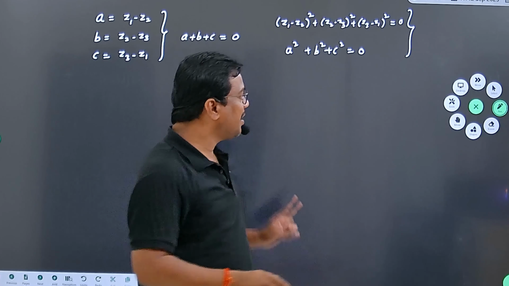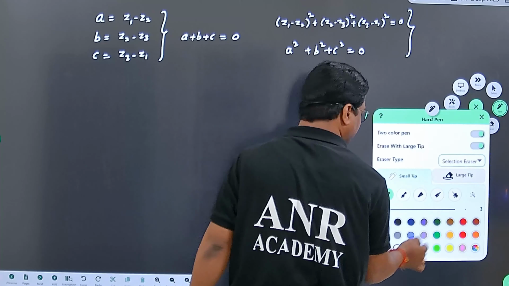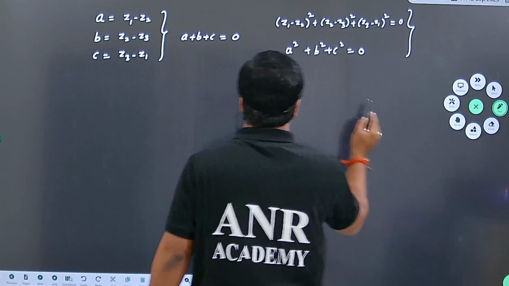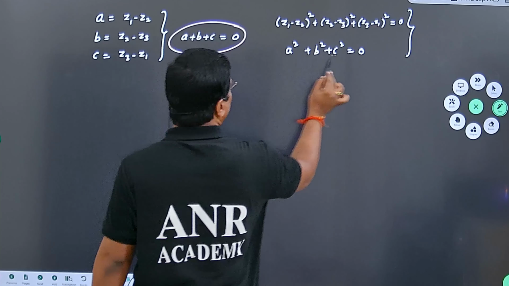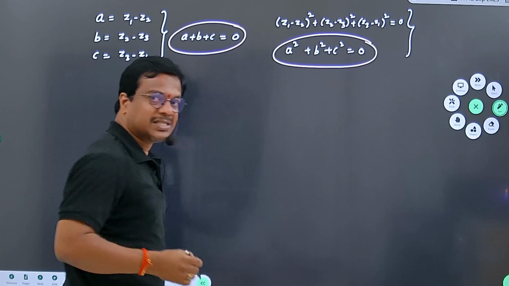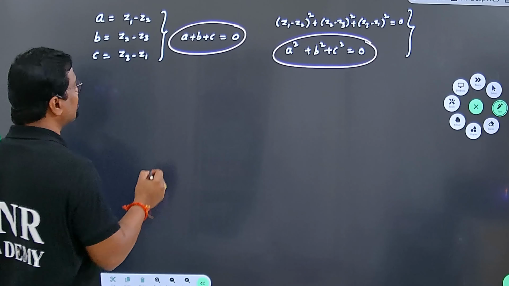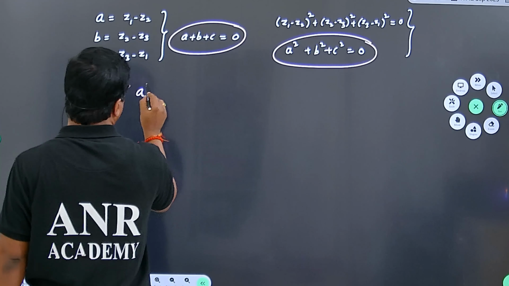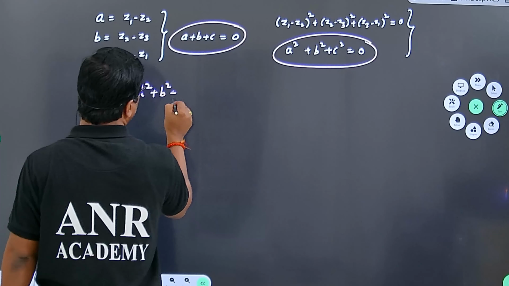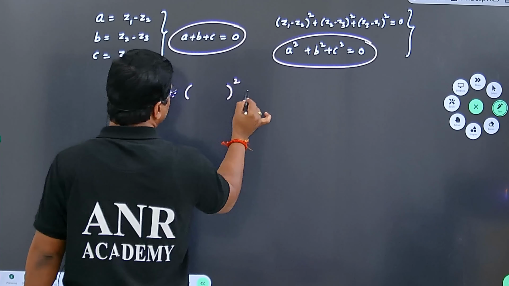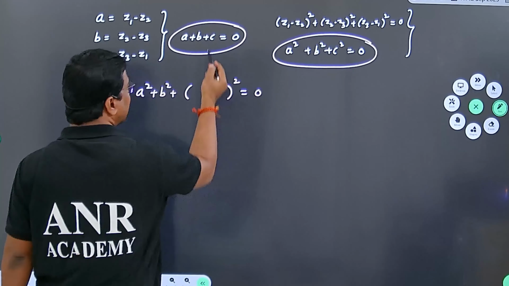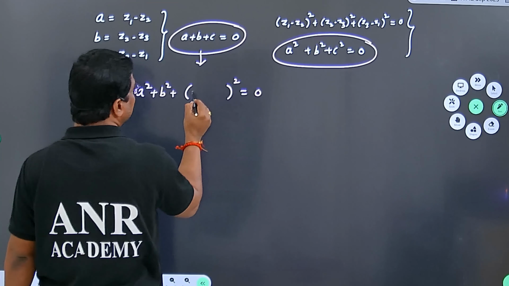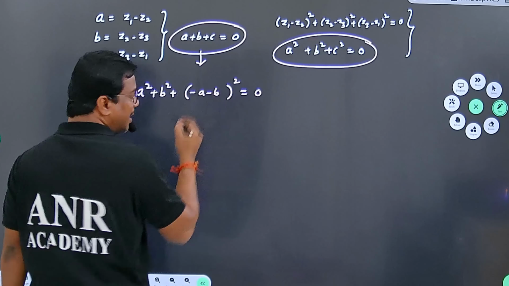With the help of these two results, a plus b plus c equal to 0 and a square plus b square plus c square equal to 0, I am going to write the value of c as minus a minus b.